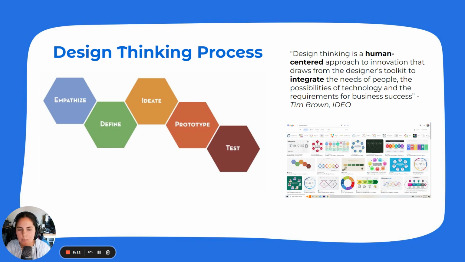So here we are talking about some key parts. We have a human-centered approach, like we are not designing just because we like it. It's for someone, and it's for improving someone else's life. It can be a single person or a whole community or a specific group.